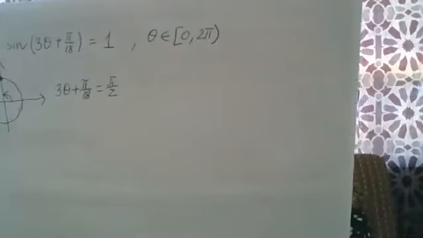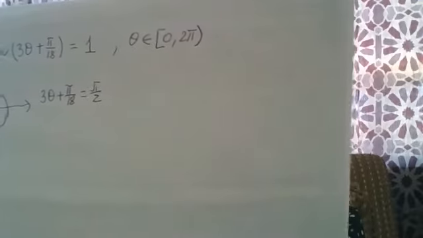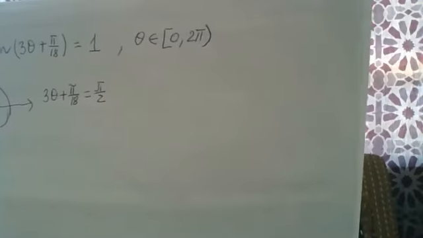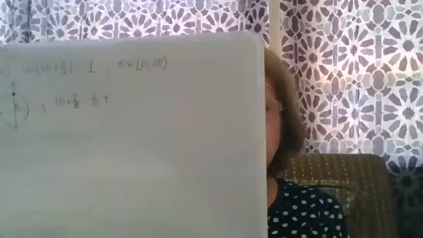Let's write down 3 theta plus pi over 18, this was our angle, equals pi over 2. But now I will adjust what I just wrote down. Instead of just pi over 2, I would write pi over 2 plus, you can see I wrote plus. Do you remember I just talked about it, we should remember that sine is a 2 pi periodic function.